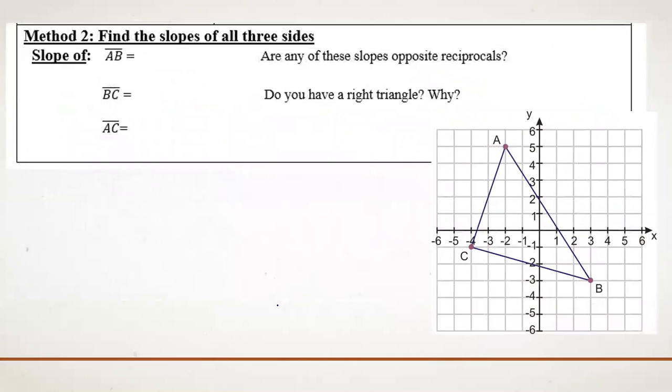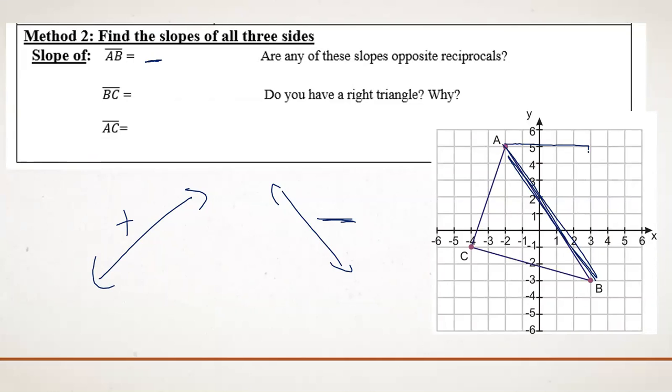Method 2 is slopes. So remember, positive slopes go up, negative slopes go down. So the slope of AB is a negative. We're coming down, so make sure we write negative. Remember, we already counted this was 5 and this was 8. So I go down 8 over 5.